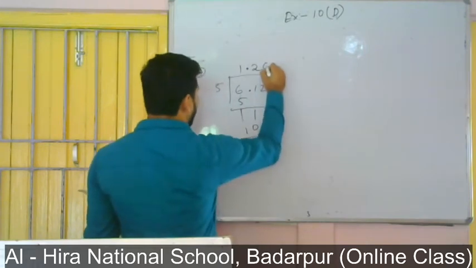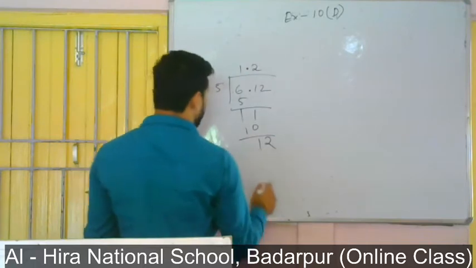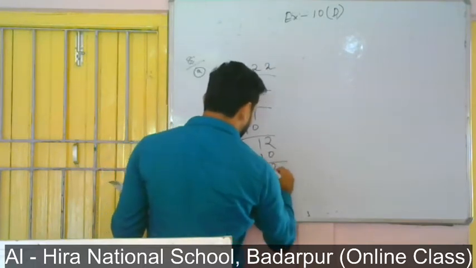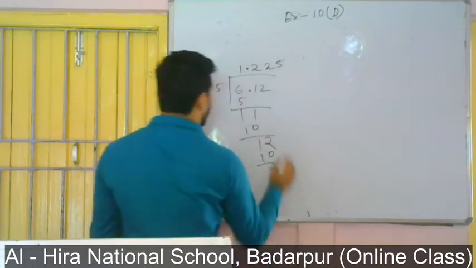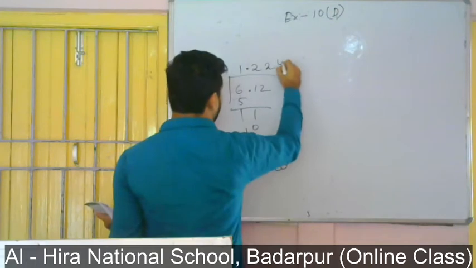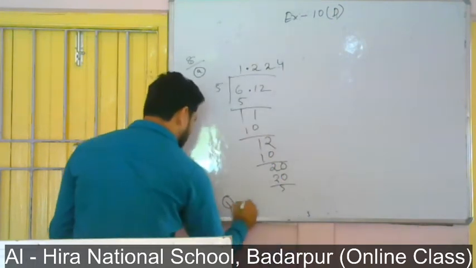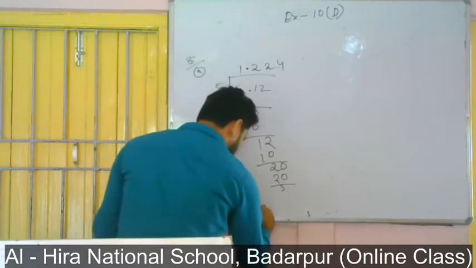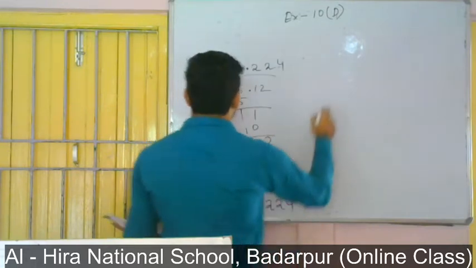Then 5 2s are 10. Okay, again remain what? 2. So point is there, we'll put 0. 5 4s are 20. Just 20. So you can write quotient equals to what? 1.224. Okay.